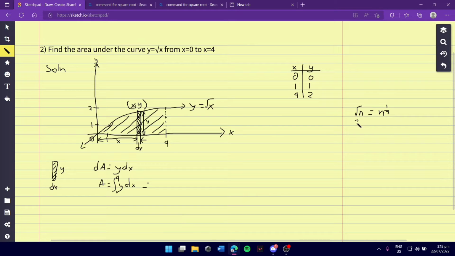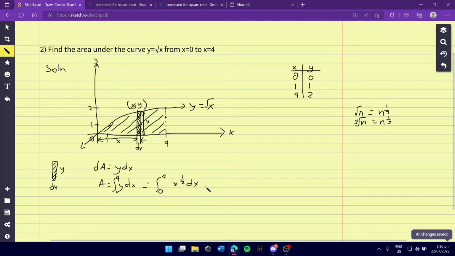If this is a cube root, the number is raised to 1/3, like that. So we'll put here the integral from 0 to 4, and your y becomes x raised to 1/2, times your dx.